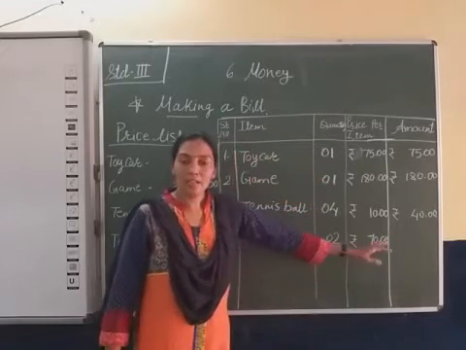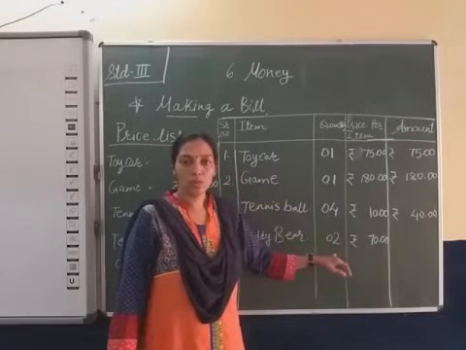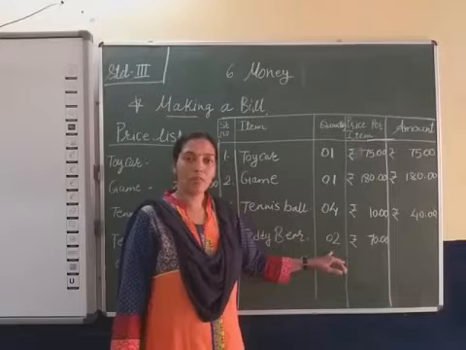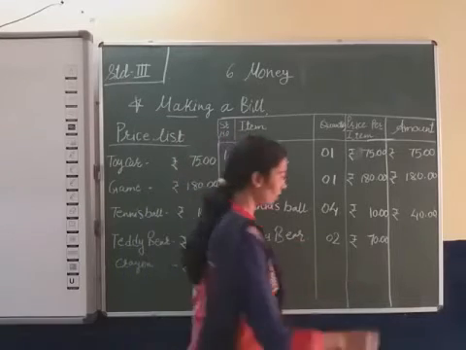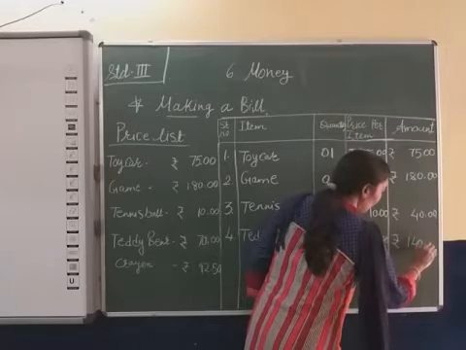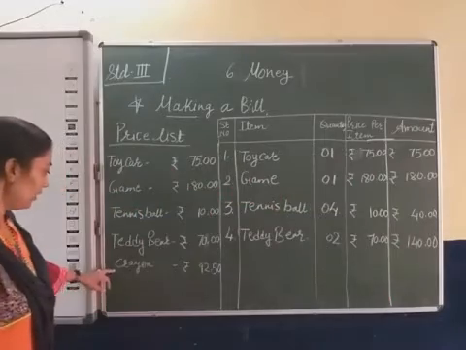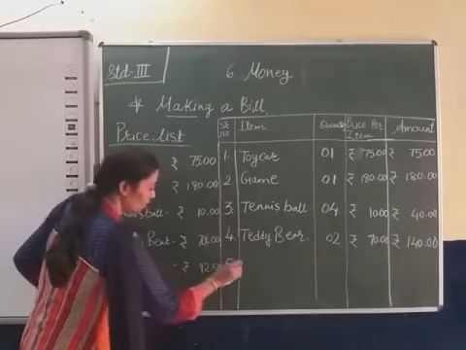And when we write the amount for the 2 teddy bears, 70 into 2. 7 into 2, 7 twos are 14. So 140 rupees, 0 paisa.